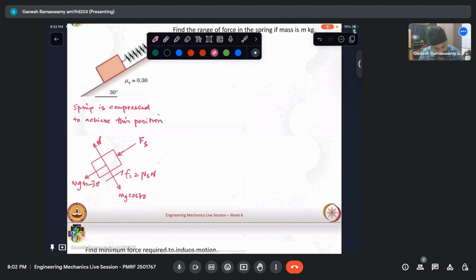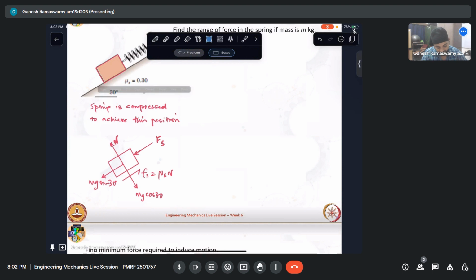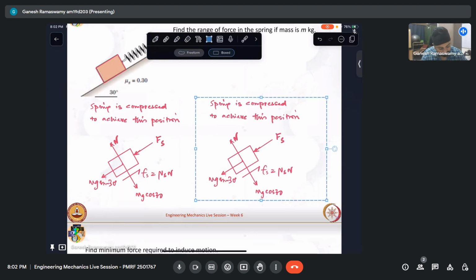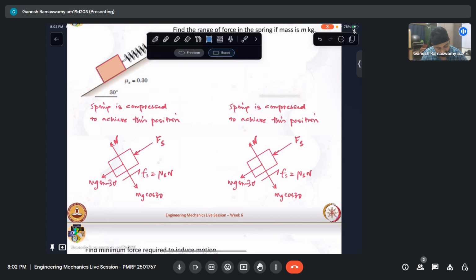Another possibility is when the spring is shorter and is actually pulled. Spring is elongated to achieve this position. In such a case, it will be like that, and the mass and the friction will try to counter the effect of the spring force.